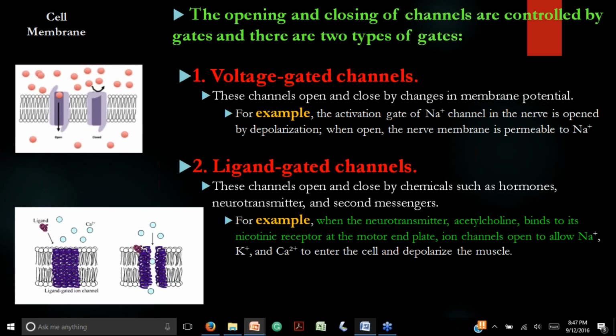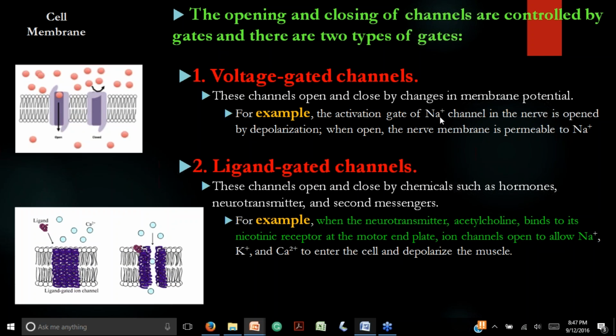Remember, membrane potential is the difference in charges between the intracellular and the extracellular sides, and it works together with a concentration gradient. So how many charges, positive or negative, we have inside or outside the cell, plus the concentration gradient. These voltage-gated channels are, for example, for sodium and for potassium.